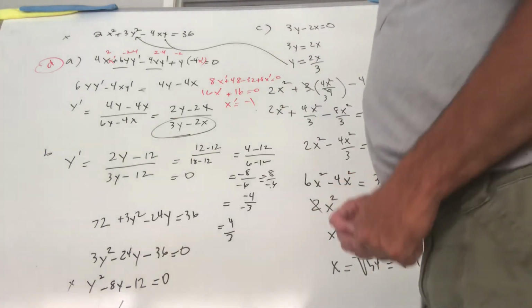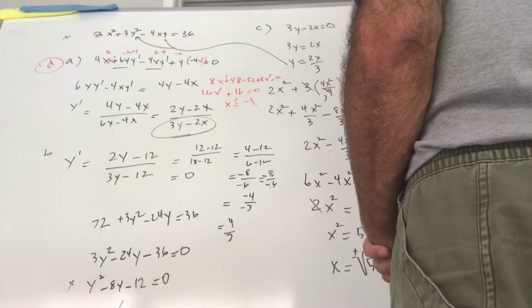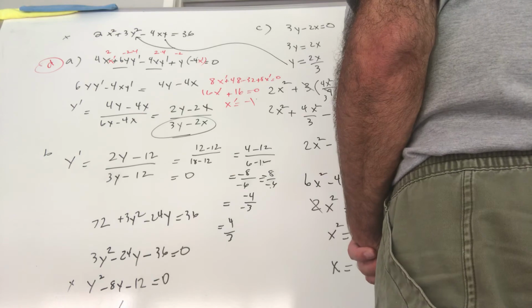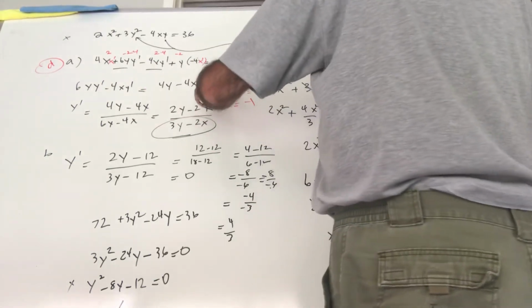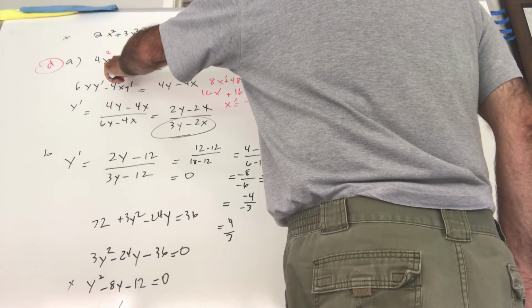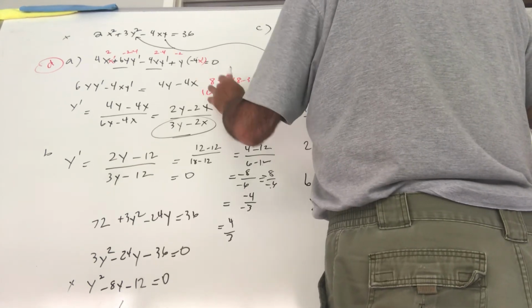There's got to be a mistake, let's see. Okay, so 4 times 2 is 8, that seems good. 6, oh, this is negative. Okay.